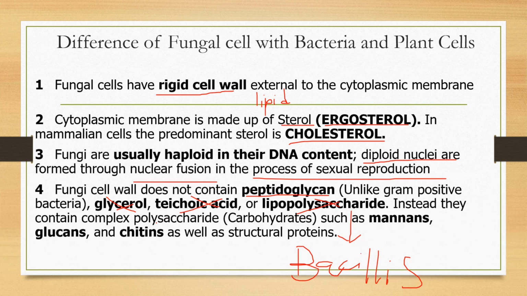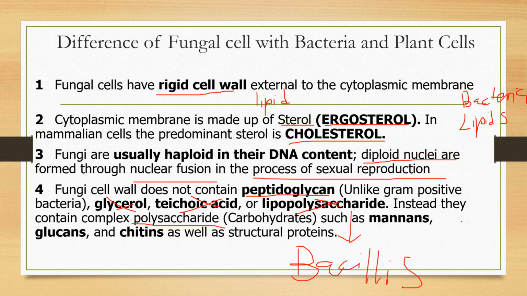Instead, your fungal cells, instead of containing peptidoglycan, lipopolysaccharide, teichoic acid, glycerol, would now contain carbohydrates, specifically complex polysaccharides. So for easier remembrance, just remember that if it's bacteria, the cell wall would contain lipids such as your peptidoglycan and lipopolysaccharide.